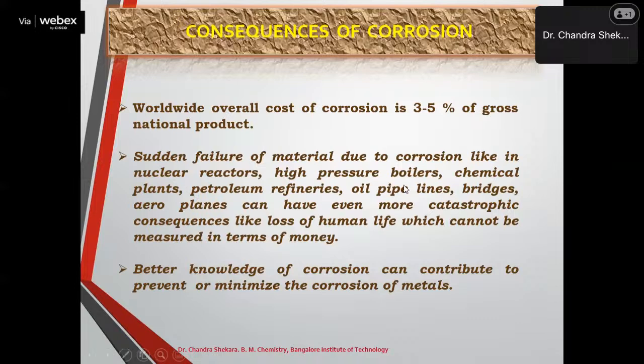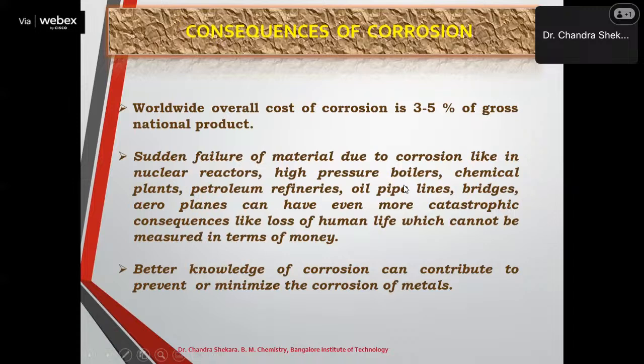The failure of materials due to corrosion, like in nuclear reactors, high pressure boilers, chemical plants, petroleum refineries, oil pipelines, bridges, aeroplanes, can all have catastrophic consequences like loss of human lives and also a lot of money, and therefore corrosion can have very serious consequences.